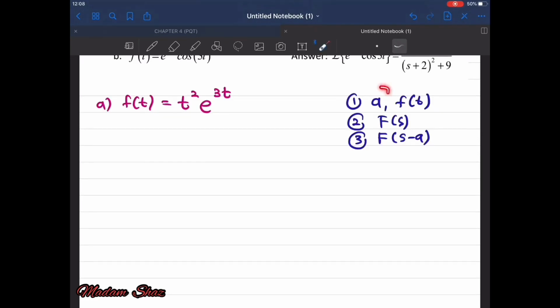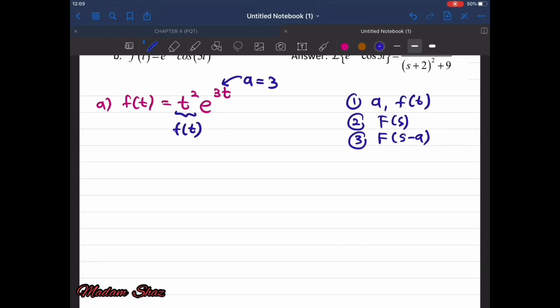You have to determine the a and the f(t). This f(t) means the new f(t), because you are given f(t) equal to t to the power of 2 multiplied by e^(3t). Our a is from the exponent, a is equal to 3. So this is our f(t).